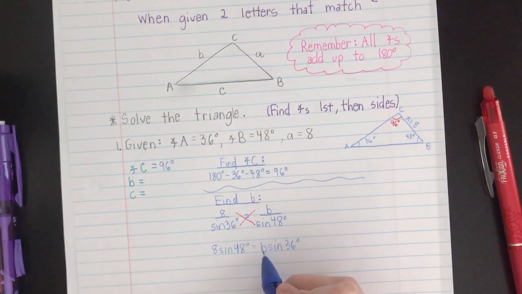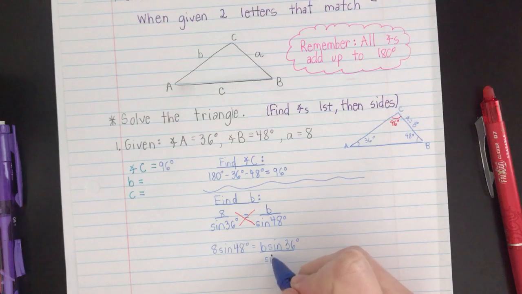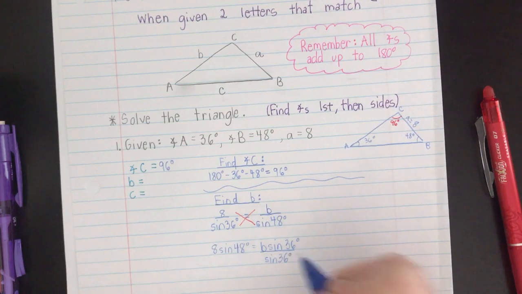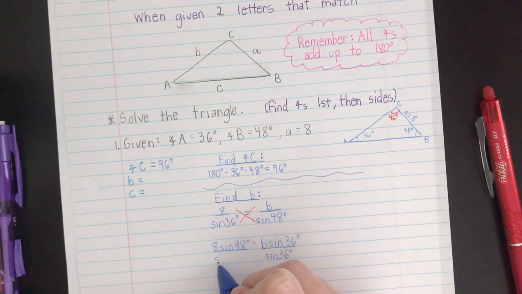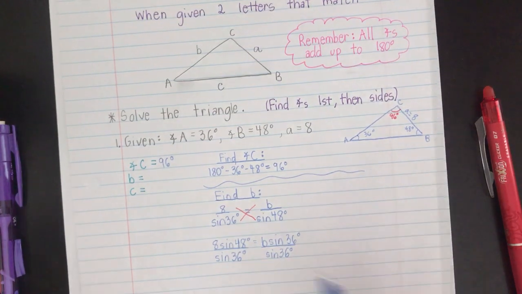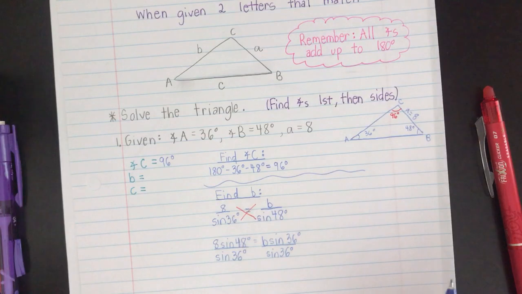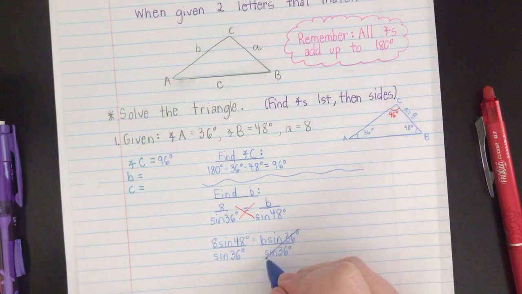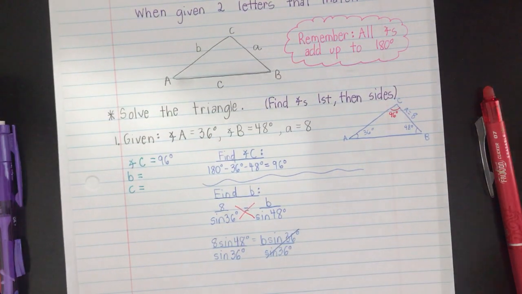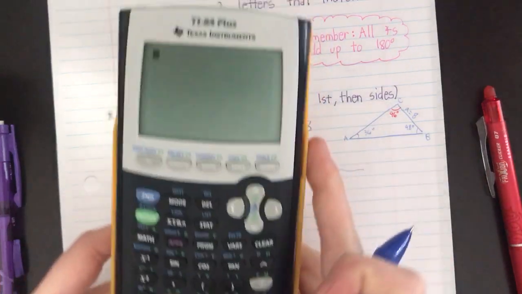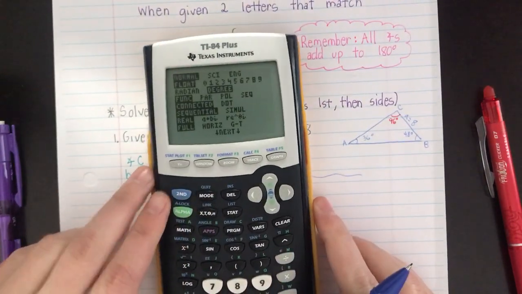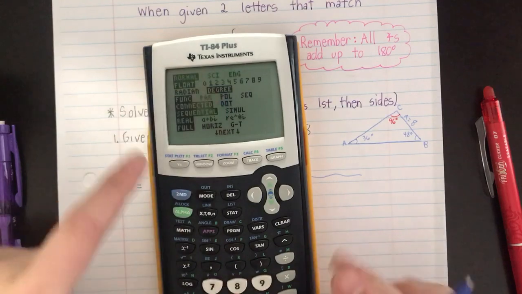We want B by itself, so divide by sine of 36 degrees, divide by sine of 36 degrees. And then we know that B will be by itself. And let's find out what that is. Of course, you'll want to check your mode in your calculator. Make sure it's on degree.